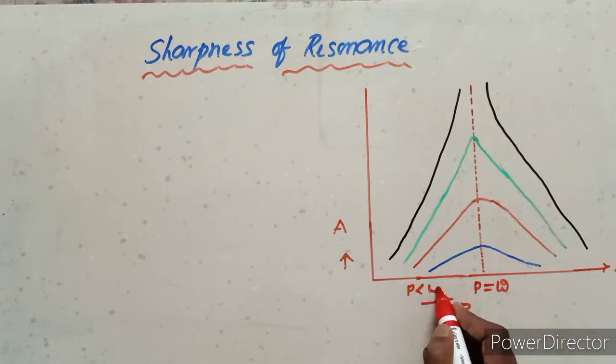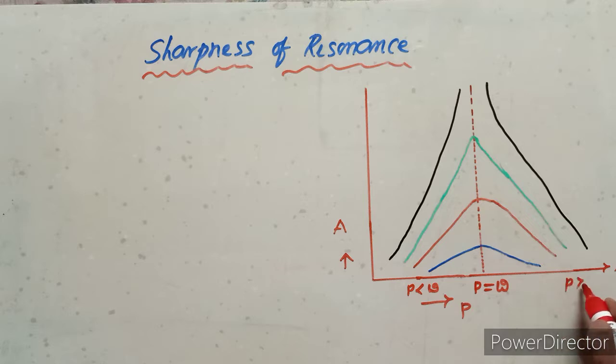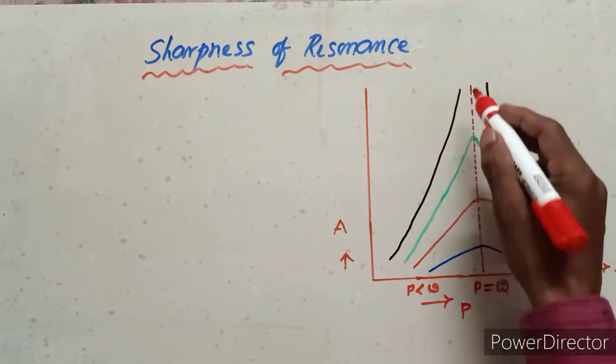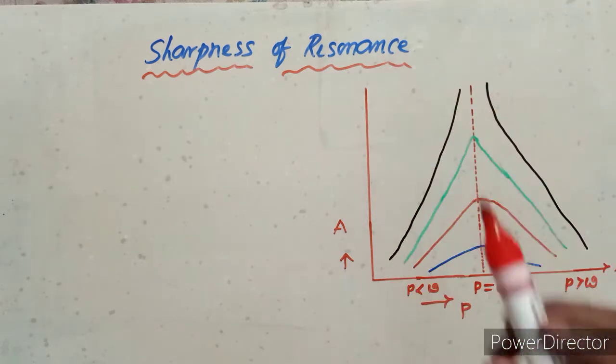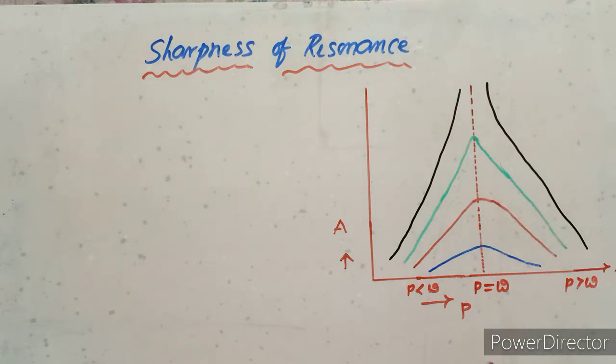On either side of this, p is less than omega and p is greater than omega. The natural frequency equals the resonant frequency, that is the resonance.